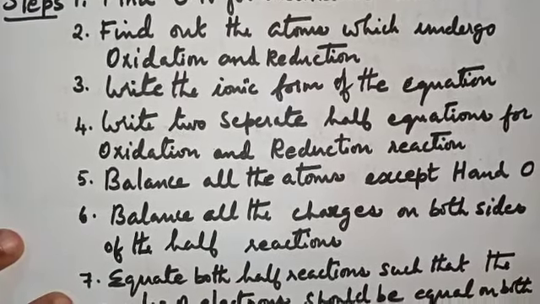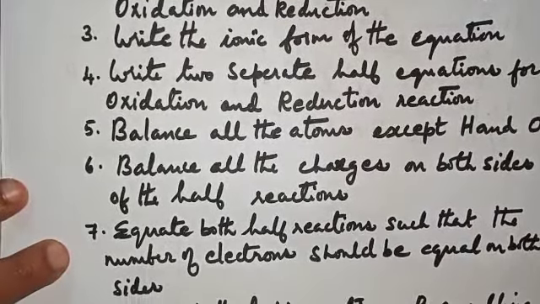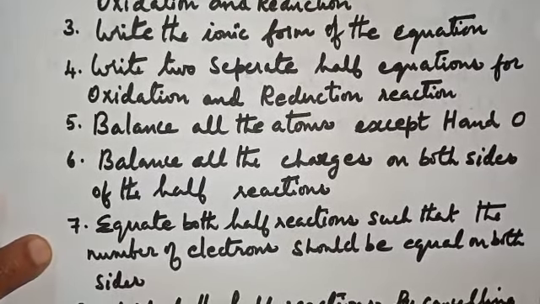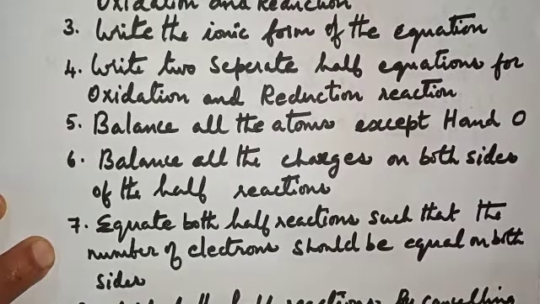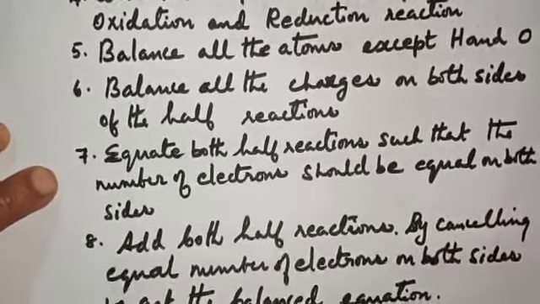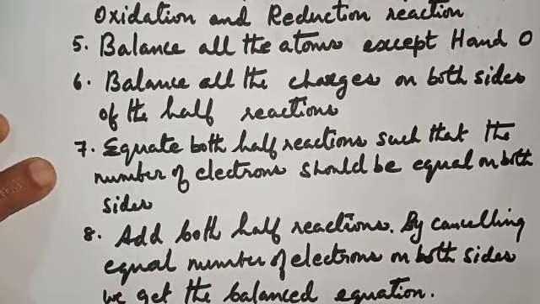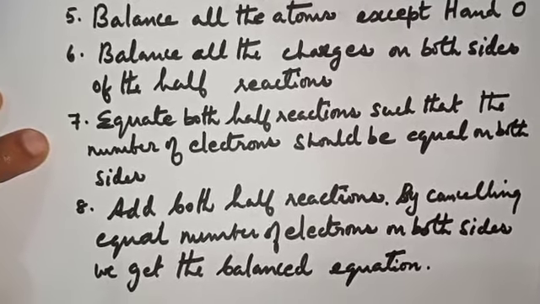Now in the seventh step, we equate both half reactions such that the number of electrons is equal on both sides. For both the oxidation half reaction and the reduction half reaction, we equate and see that the number of electrons on both sides is equal. Now coming to the eighth and final step, you add both half reactions.